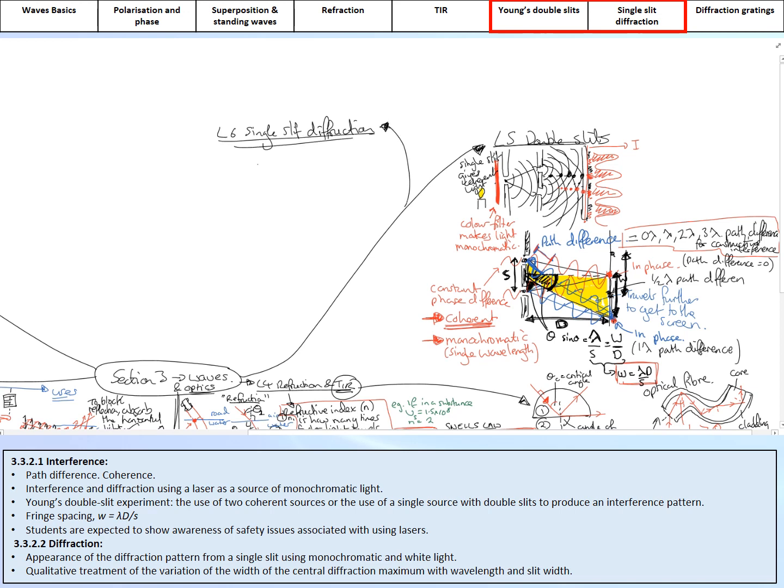And oddly enough, we've just looked at how light from two different sources interfere to produce a pattern on a screen, but light from a single slit does the same thing. Now, it's not immediately obvious how it does this, but suffice it to say, and this is a little bit beyond the syllabus, that each point here in between the two slits acts like a different source of waves.